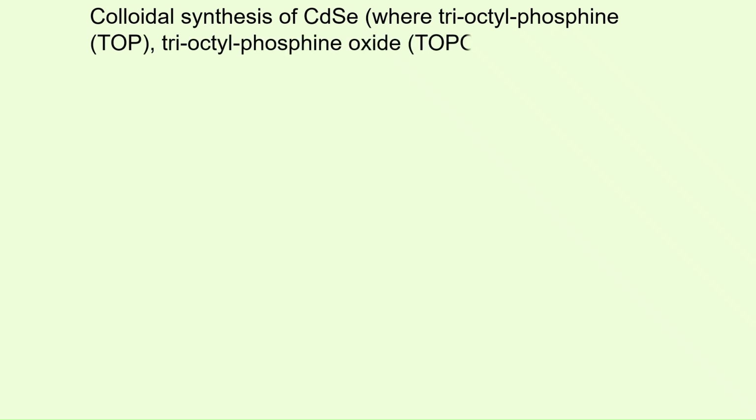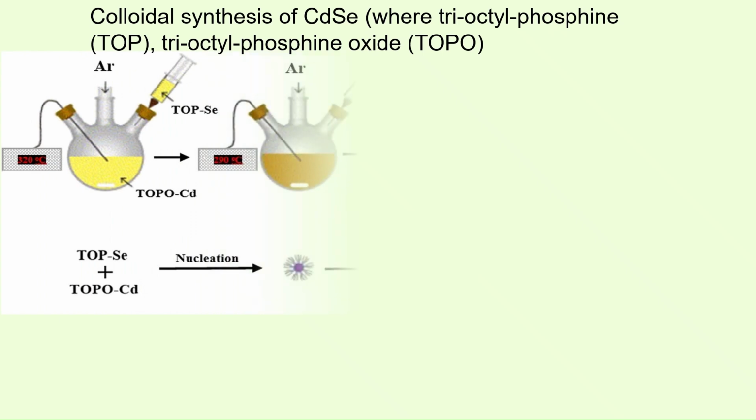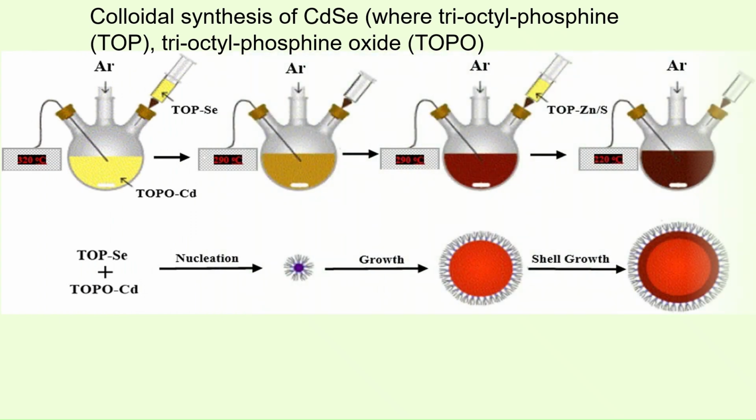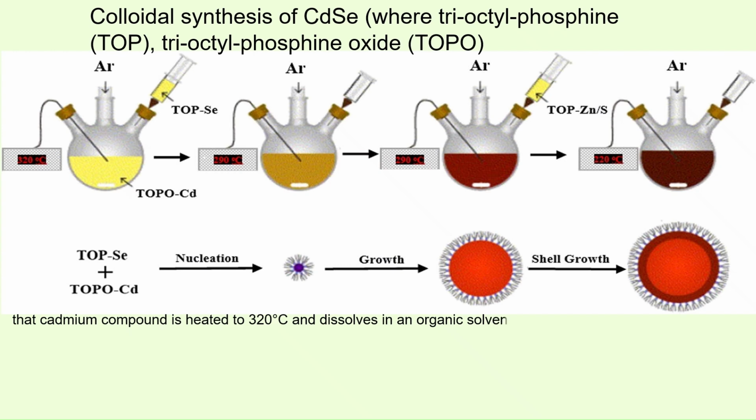Colloidal synthesis of CdSe, where trioctylphosphine, TOP, and trioctylphosphine oxide, TOPO. The cadmium compound is heated to 320 degrees Celsius and dissolves in an organic solvent at room temperature.